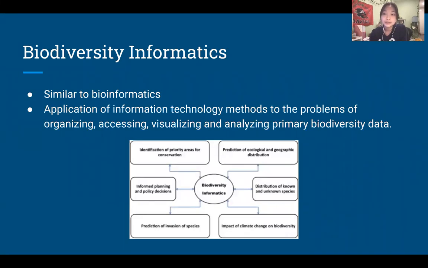So biodiversity informatics is very similar to bioinformatics, but it's more specific in that it's the application of information technology methods to the problems of organizing, accessing, visualizing, and analyzing primary biodiversity data.